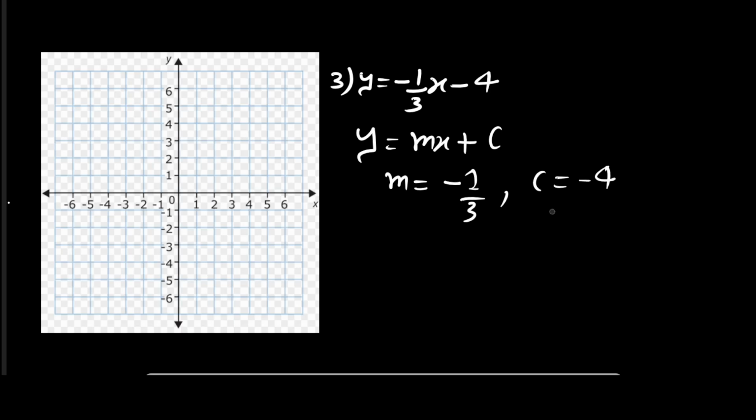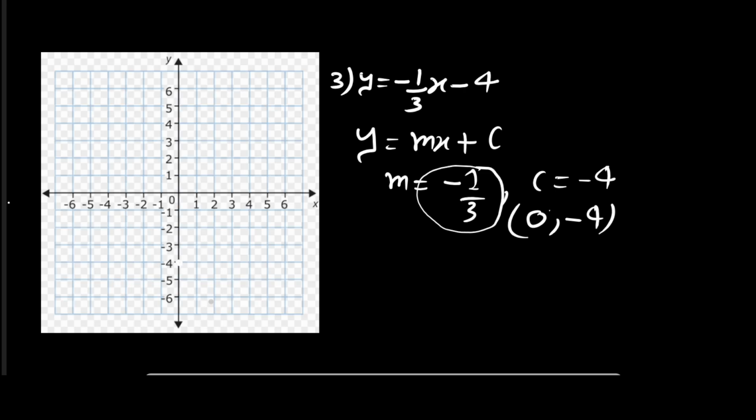So we have the y-intercept as (0, -4) and the slope, which is equal to -1/3. Let's plot the y-intercept, which is (0, -4). So here (0, -4), this is our point.